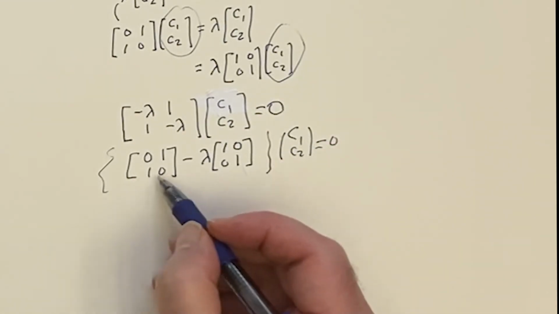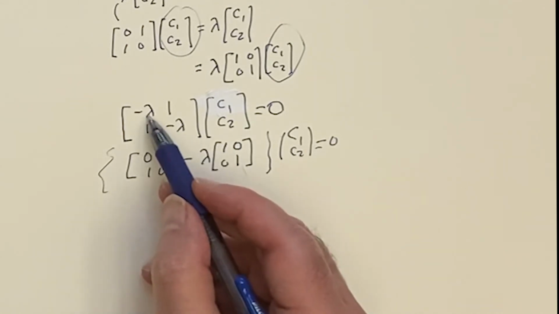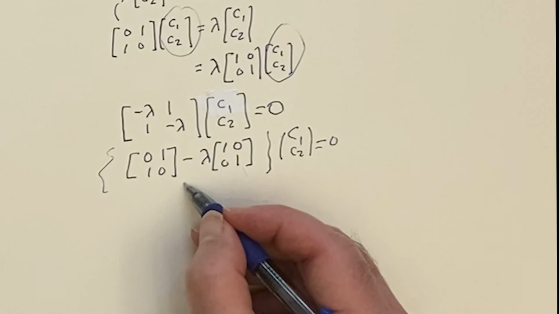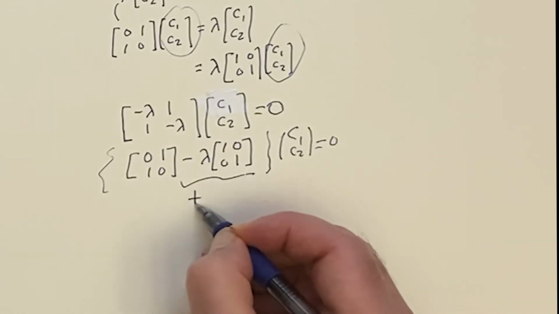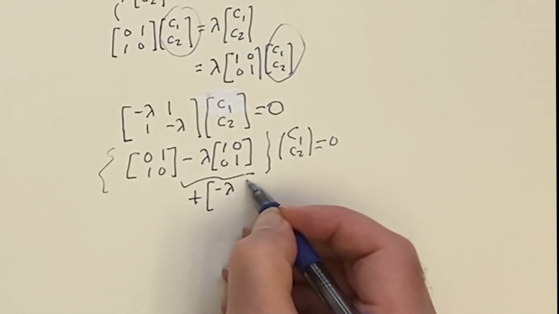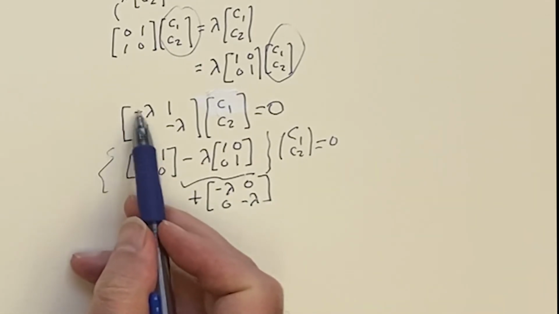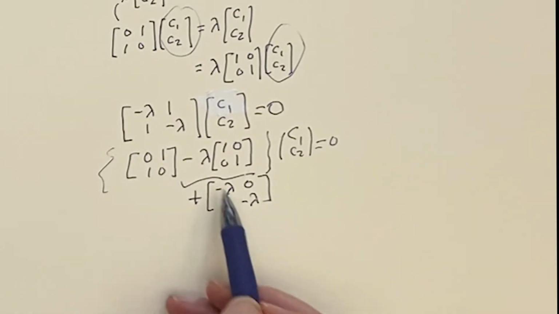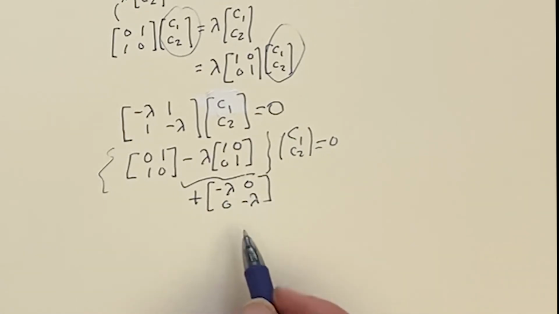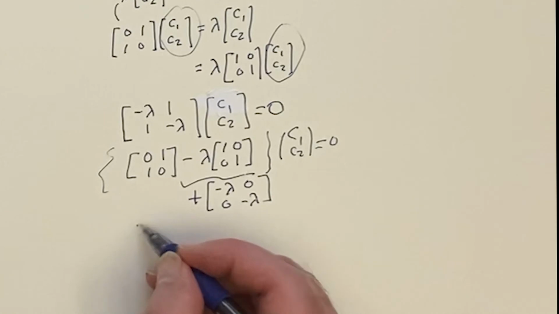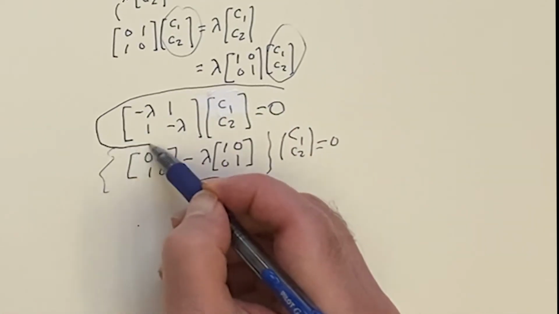And then if you do that, you'll see that the lambda is a minus sign up in the upper left-hand corner, because this one is adding minus lambda, 0, 0, minus lambda. So you're putting the minus lambda, and the 1 is there, and then the 1 is there, minus lambda. So you then wind up with this equation here.